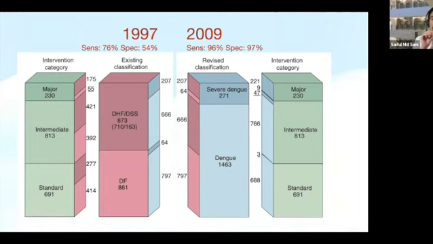So the reason why I highlight this is that with the next slides that I'm going to show you, I'm going to discuss severity and also mortality outcome of dengue. We have to bear in mind that when authors use the dengue hemorrhagic fever classification of 1997, the severity is much wider.